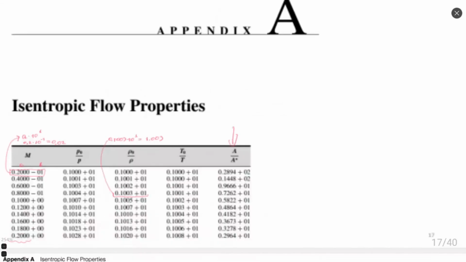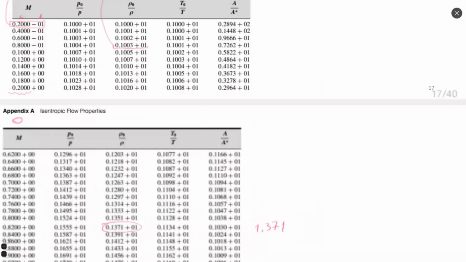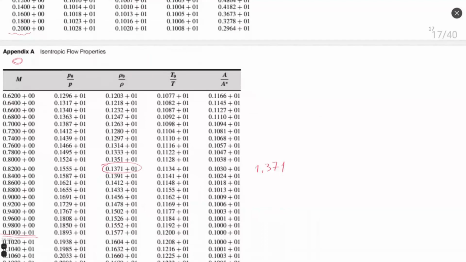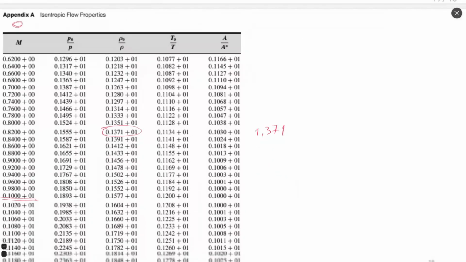We can see here different values of Mach number that correspond to ratio of thermodynamic properties. So let's use them.